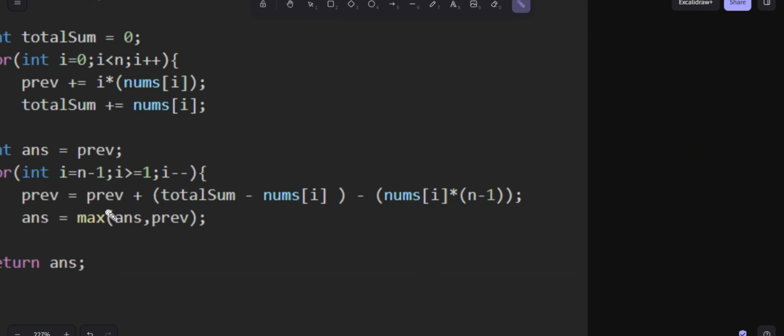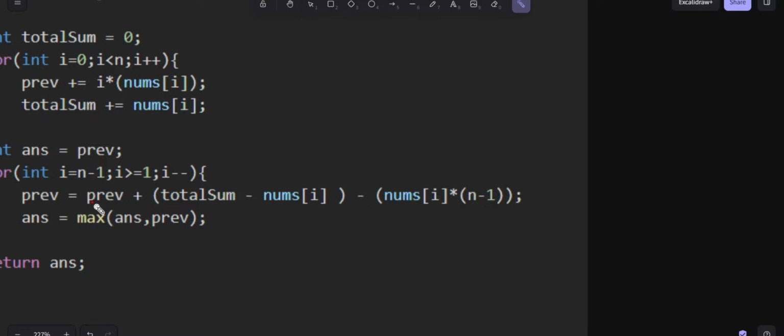So we calculate the previous value to be what was previous before plus the total sum minus nums of i. Note here the nums of i is basically the element that has to become the zeroth element currently. So total sum minus nums of i, minus nums of i into n minus 1.